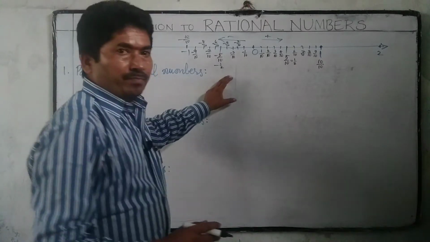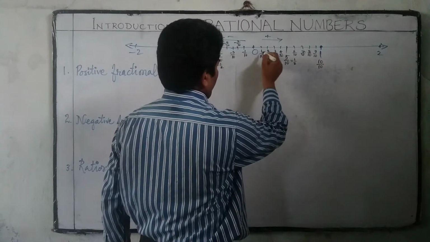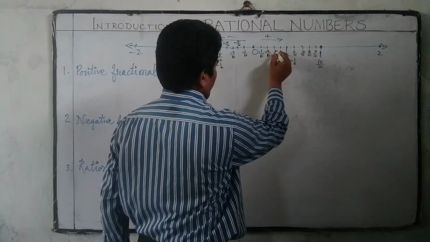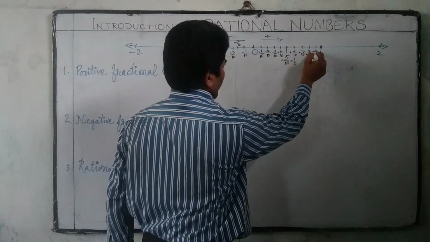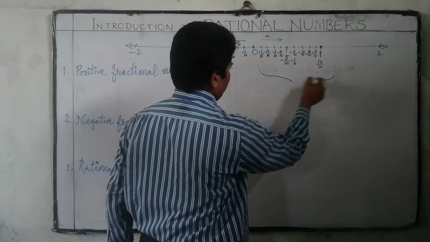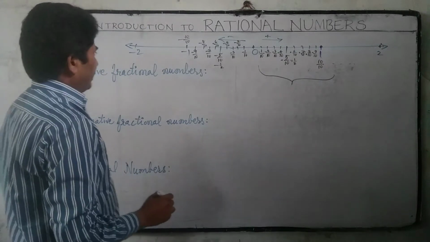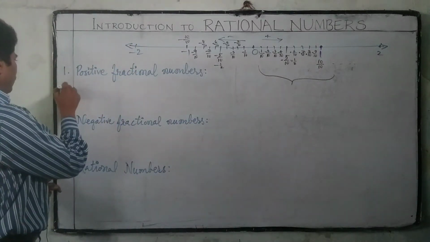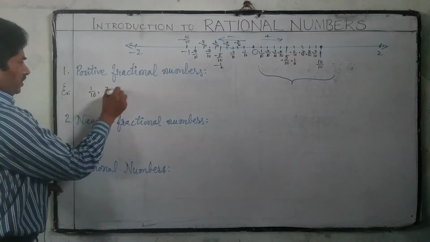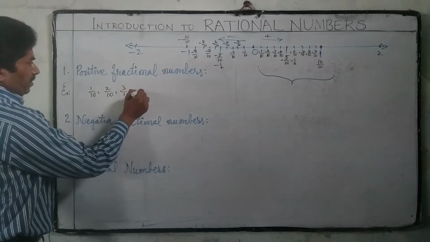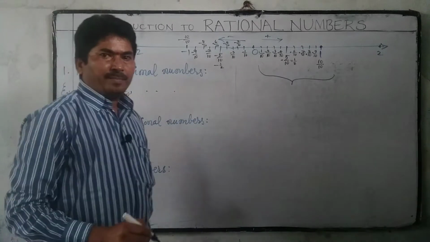So we understood on right hand side we have plus numbers. These all are positive fractional numbers: 1 by 10, 2 by 10, 3 by 10, and so on.